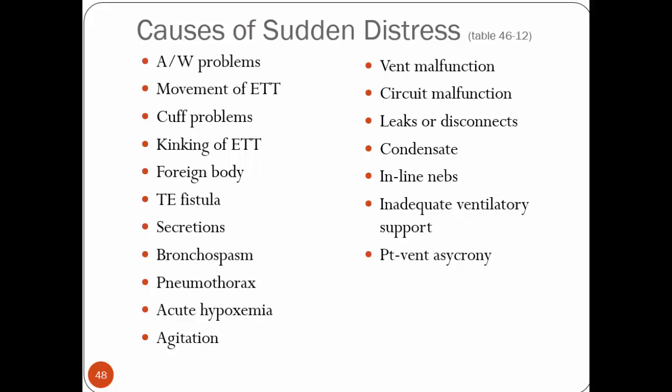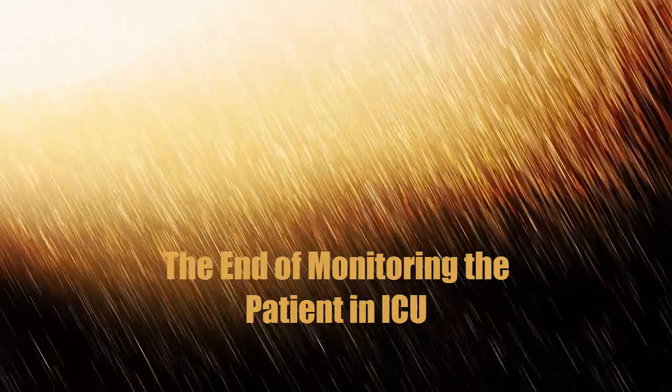So we always want to take those out and put them in their bag and make sure that cap closes on that blue T. Inadequate ventilatory support is certainly an issue, especially as we're weaning the patient. So we have to be on guard for that if we're weaning them. And patient-vent asynchrony. In other words, do we have the sensitivity set right? Do we have the right mode? Things of that nature. So that's quite an extensive list, and so we're running through our head there as we're trying to evaluate the patient as we go into that room because they're in distress.